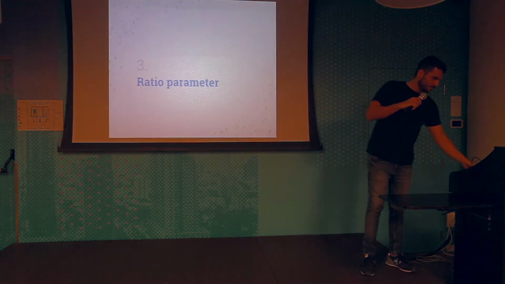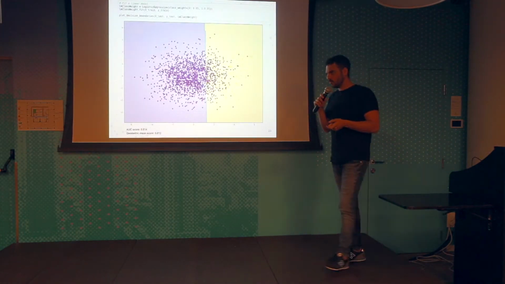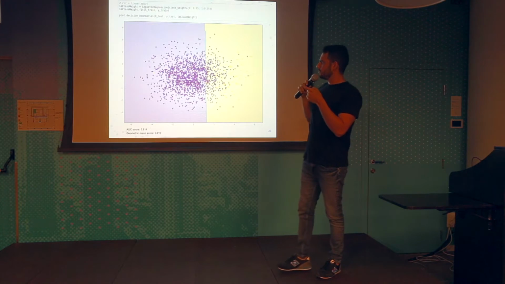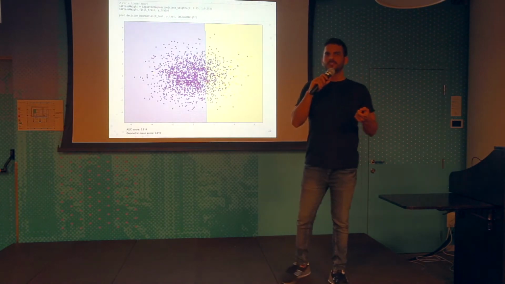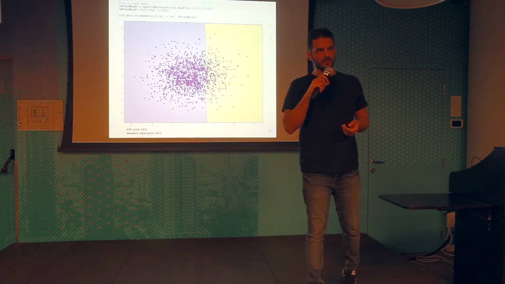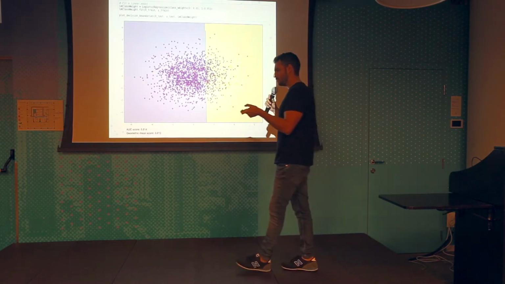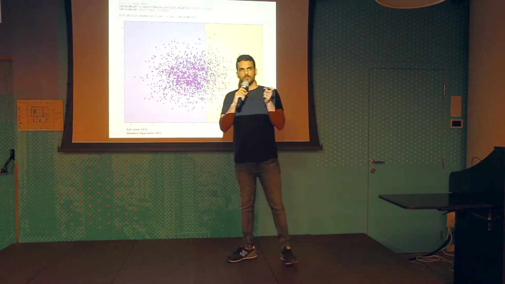With the ratio parameter, what we do is, behind this classification task, if you're talking about fraud and not fraud, there's some type of hidden business logic.